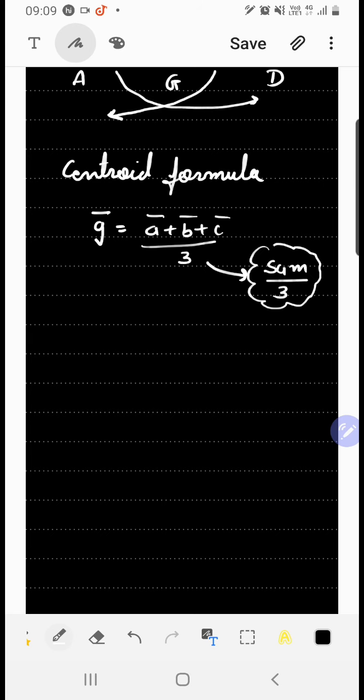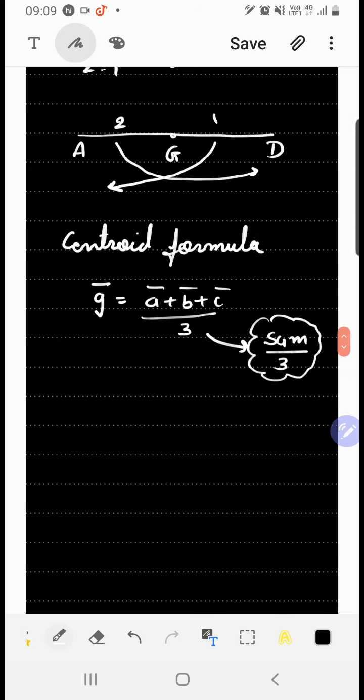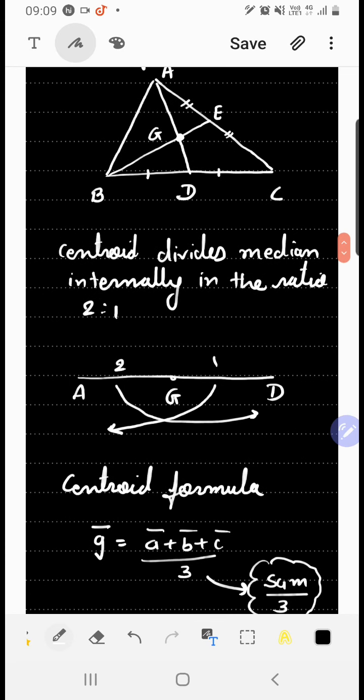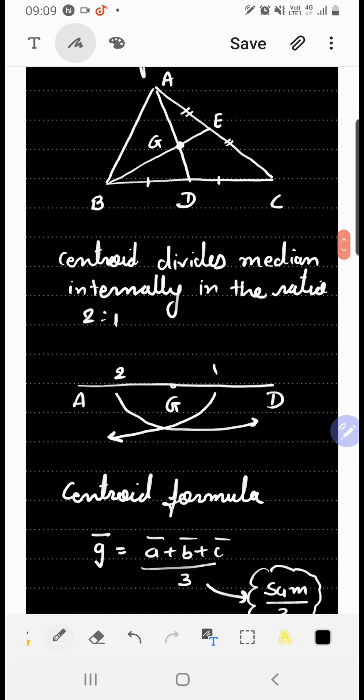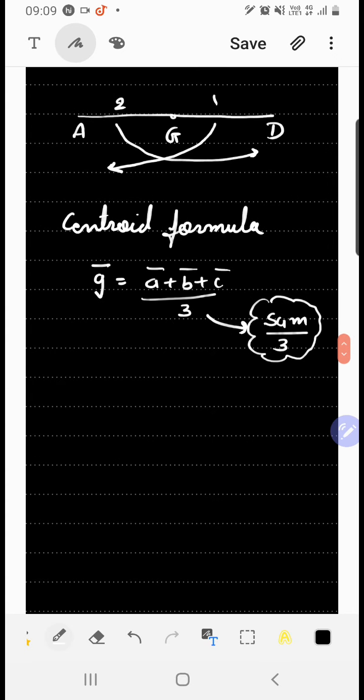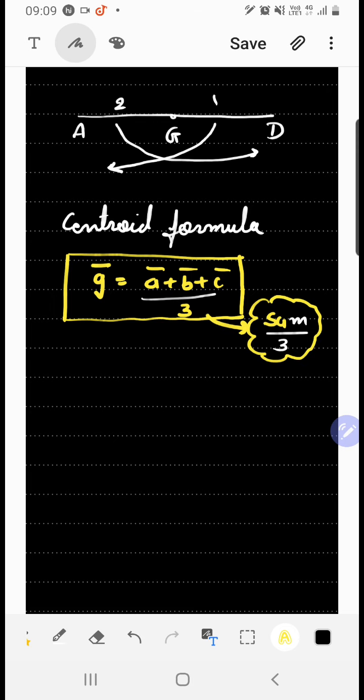Whenever in a question we find a centroid, we think of this result, that is G bar is equal to A bar plus B bar plus C bar upon 3, that is sum by 3.